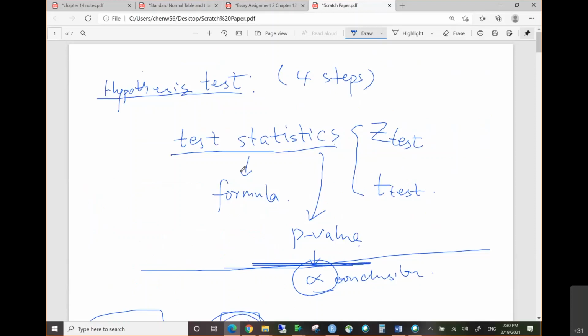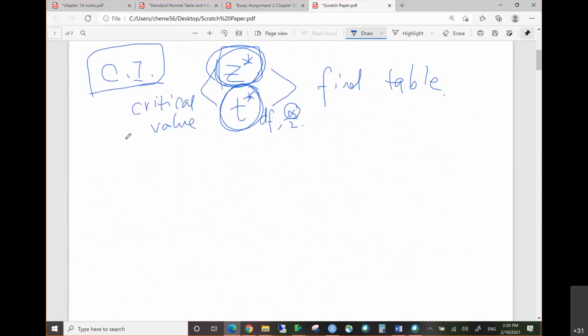You just calculate by the formula to get the test statistics, and then you find the p-value from the table and then compare with alpha. Right? Okay, so this is about the hypothesis test and confidence interval.